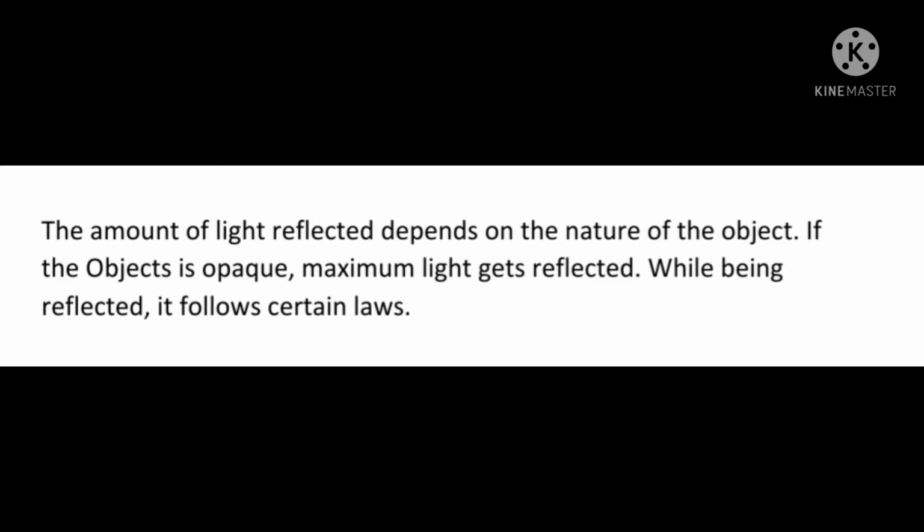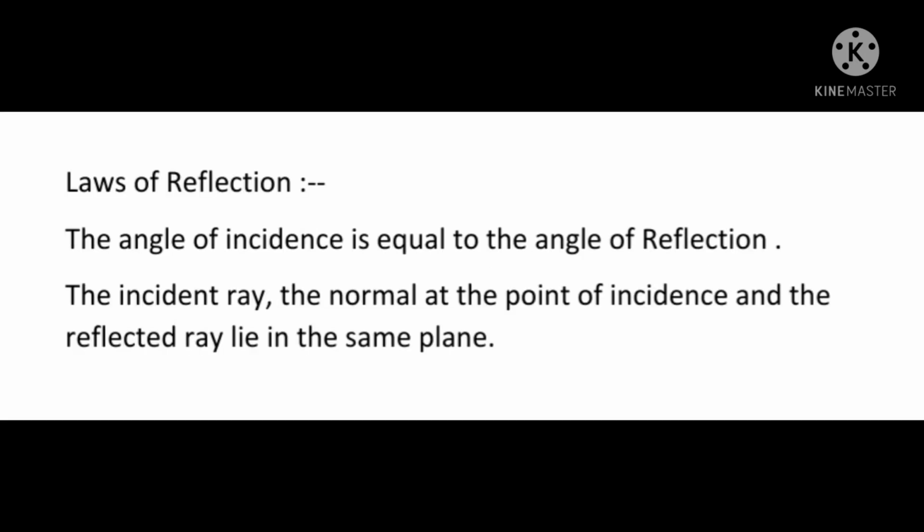If the object is opaque, maximum light gets reflected. Now, while being reflected, it follows certain rules, and these rules are known as laws of reflection. So, next we will see what these laws of reflection are.